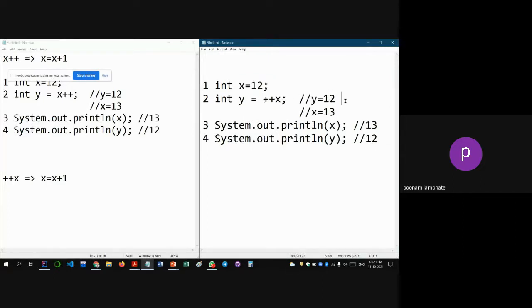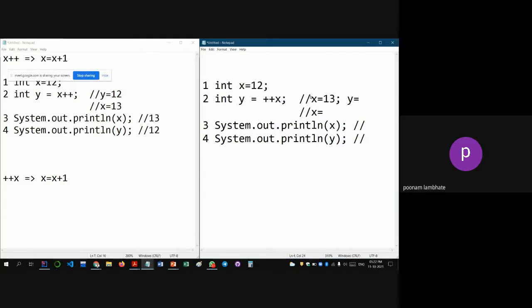Now in this case, how it works is different. Let me erase this. See, plus plus x means the current value at the moment x is equal to 12. So first you will increase the value of x. It is a pre-operation. Pre means before. First what you'll do, you'll increase the value of x. So at line number 2, the value of x is equal to 13.